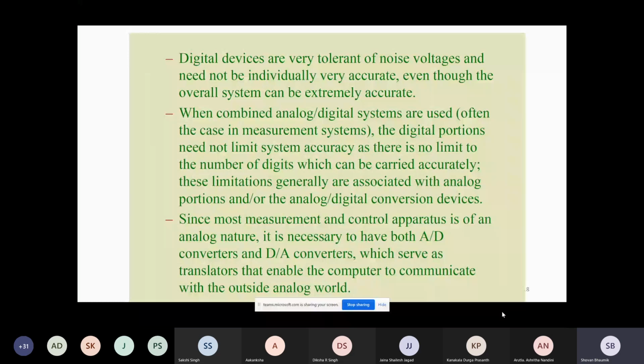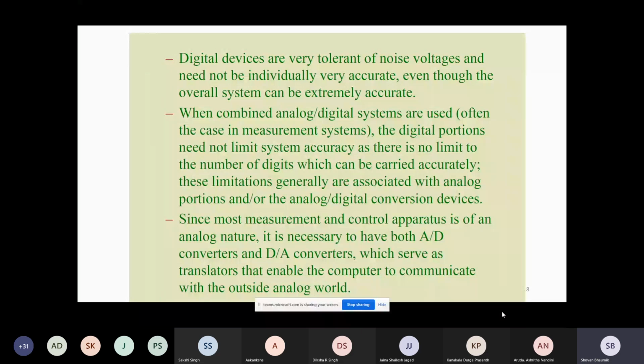But one thing is that digital devices are very tolerant of noise because the logic is important. Either 5 volt or 4 point some volts, that is important. So when we say voltage above 4, we call it 1, and when voltage is below 1, we call it 0. That means this logic state is important, and if there is noise, voltage may change a little bit, but the logic state will not change.